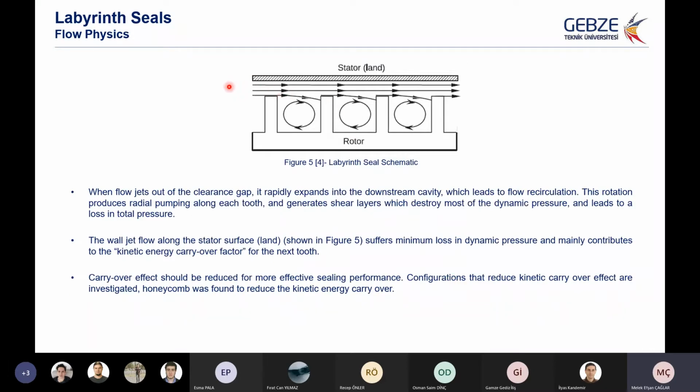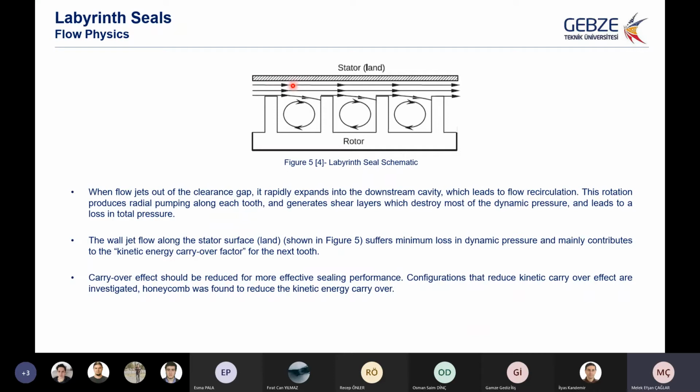When the flow comes from upstream and jets out of this clearance gap, it expands into this cavity, and this expansion causes a flow recirculation. This recirculation generates shear layers and destroys some of the dynamic pressure, which leads to a loss in total pressure, and this process continues in a series of teeth.